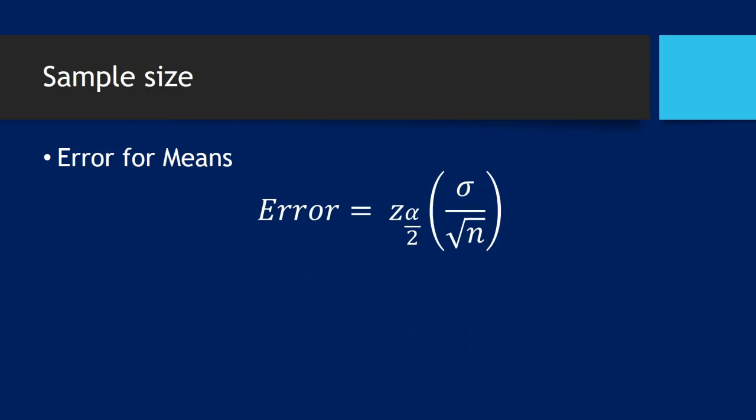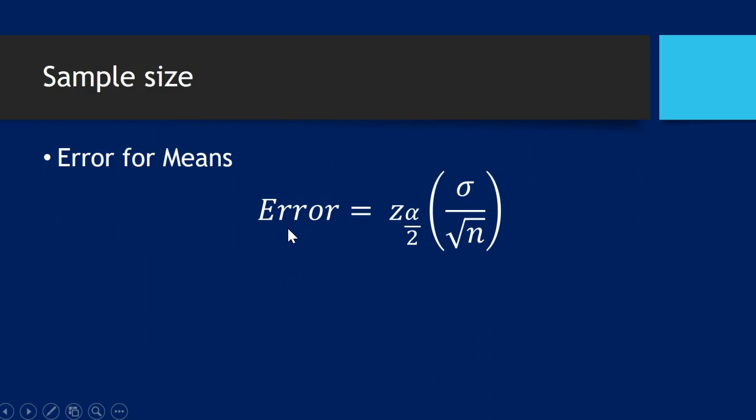Now, what I like to do is write this equation every time. So how this is going to work in practicality is we're going to want a certain margin of error. So maybe, again, if we're dealing with heights, maybe I want that height error to be within 1 inch of what I'm looking for.